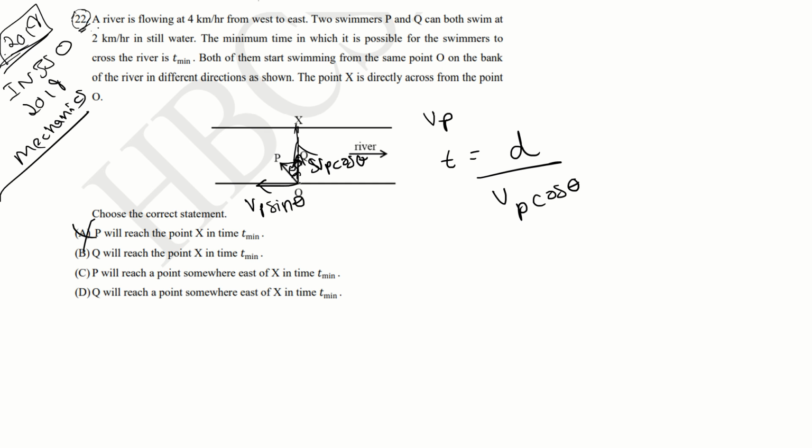Now we know that this theta value is smaller than 90 degrees and greater than 0 degrees, because it is smaller than 90 degrees from the normal, the vertical. So the cos theta value will be less than 1, so the t will increase. So it will not reach in t minimum. That is how we eliminate this option.